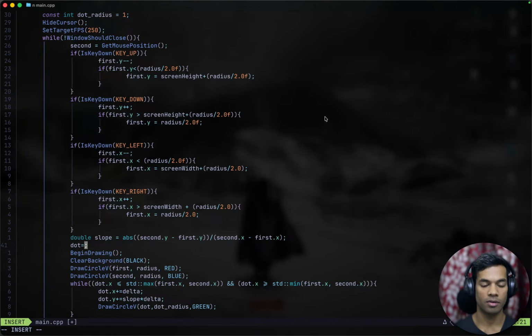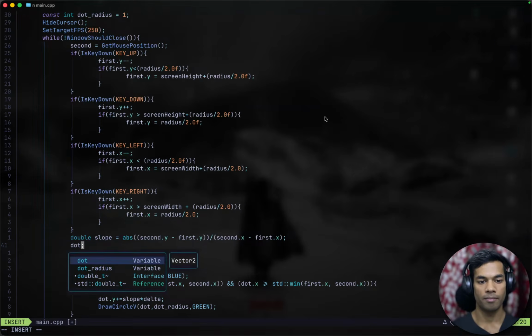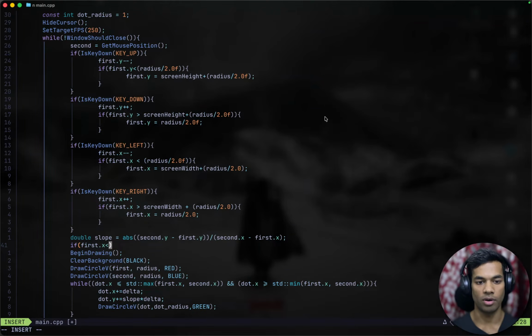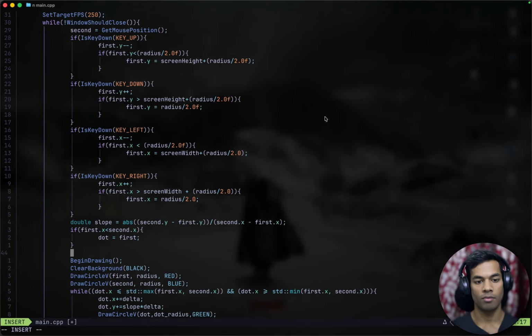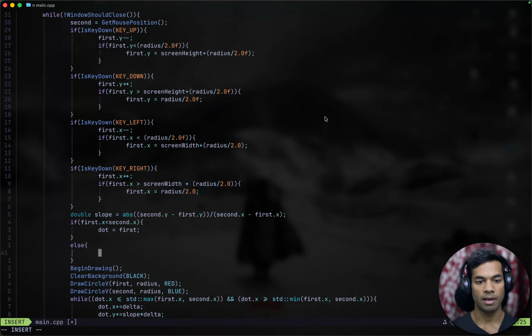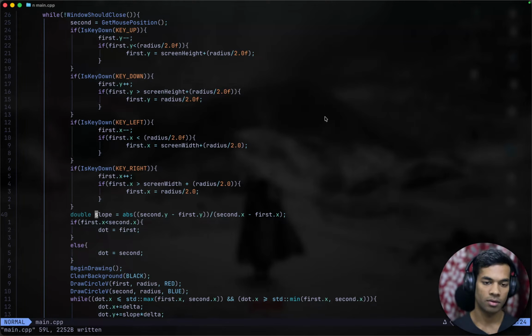Yeah, let's first see. If first dot x is smaller than second dot x, if first is on the left, then dot equals first, else dot equals second. That is nice. And absolute value, that is also nice.